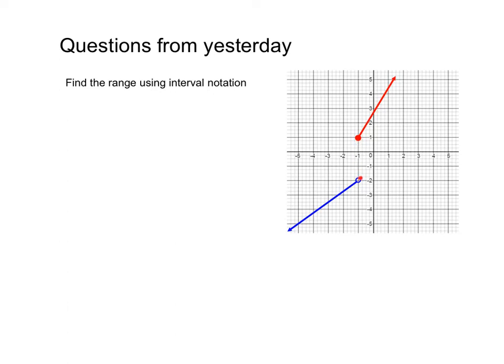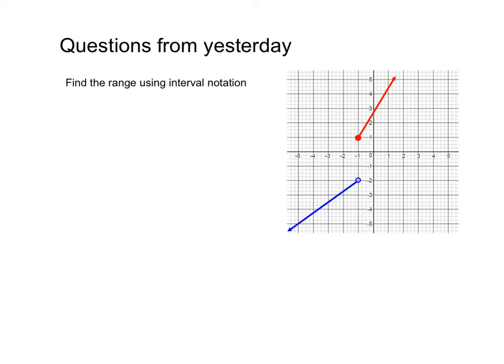It might not be the blue function, but -1 is still defined nonetheless. And when I say defined, I mean that every x value gets a y value that pairs up with it. Now, if the red circle was also empty, just like the blue, then -1 would not be defined. It would not be in our domain because it does not have a y value partnered up with it.